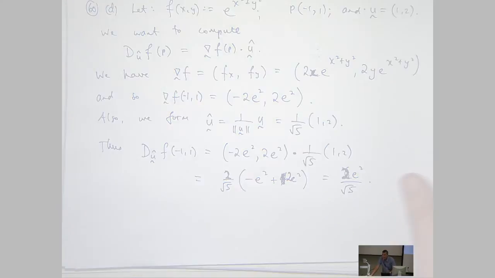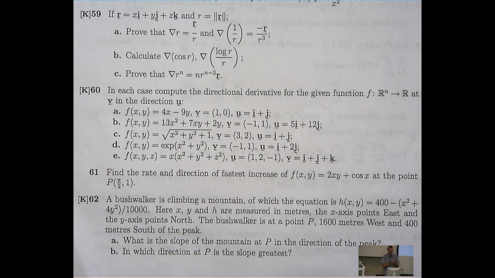Okay, let's have a look at 62. Now, we've got a mountain that's very conveniently expressed by this function h. It's lucky, isn't it? And we're given the scenario of a bushwalker who wants to climb this mountain where x, y, h are in meters, the x-axis points east, the y-axis points north.